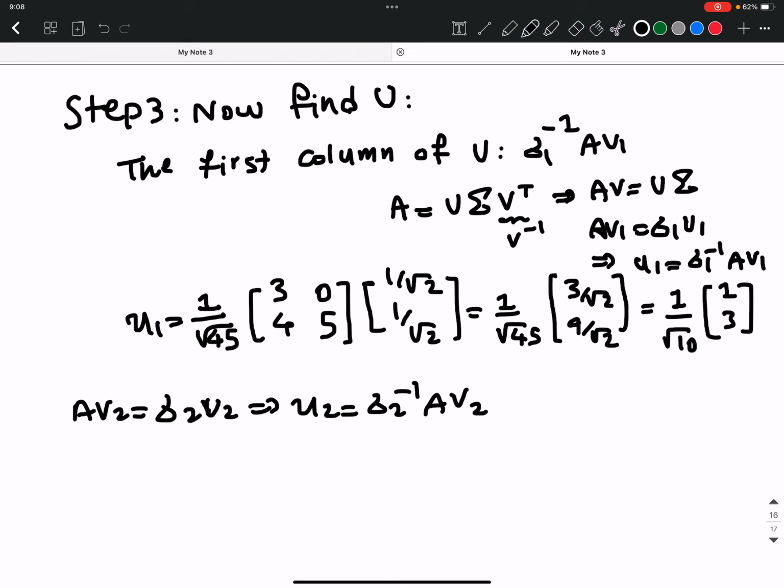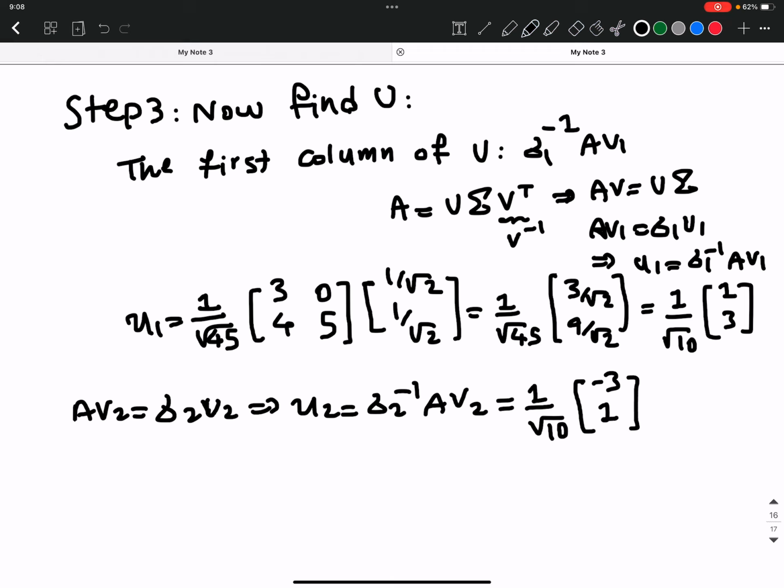So what do I get? If you calculate it, I am not going to repeat it again. This would give me 1 over square root of 10, minus 3 and 1.